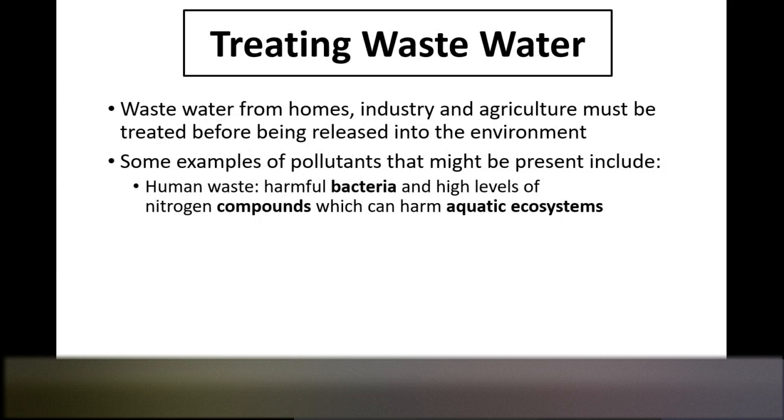Maybe those of you that do geography have, but nitrogen can really affect organisms that live in aquatic ecosystems such as rivers, lakes, and different things like that. So human waste, from when you flush your toilet, run the sink down, or use the bath, etc., needs to be treated because of those different things.